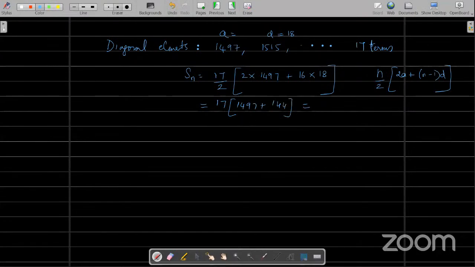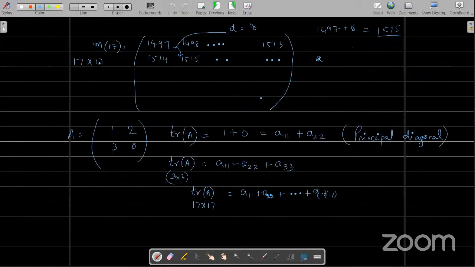So now you can simplify this. 1497 plus 144 into 17. So, anyone got the same value? Yes, sir. Okay, very good.